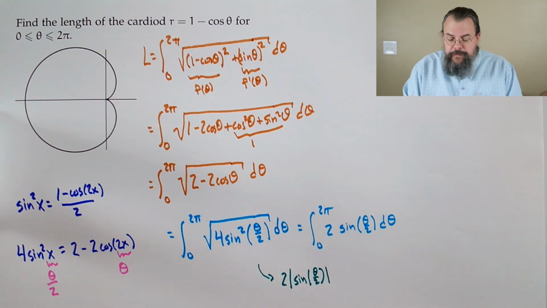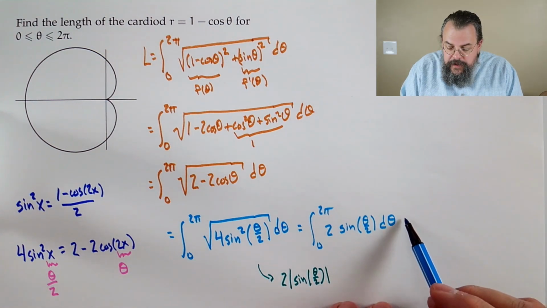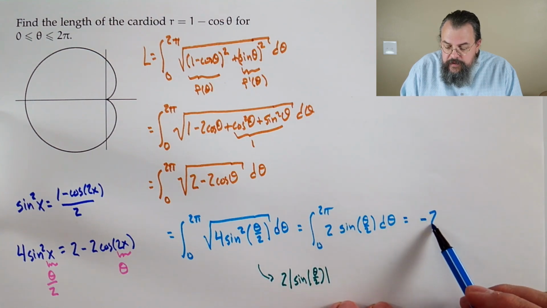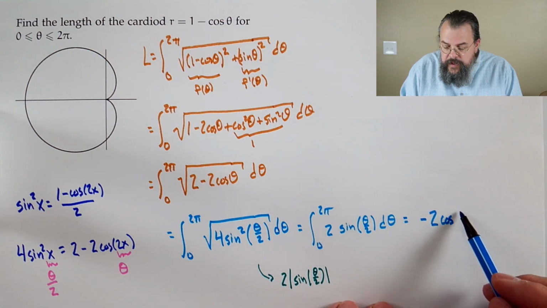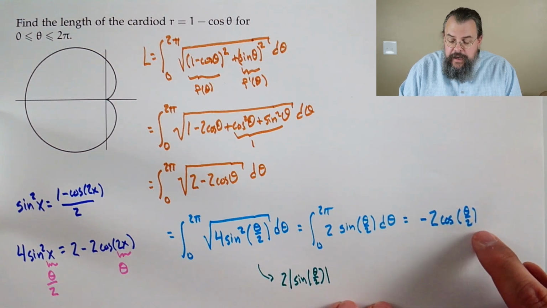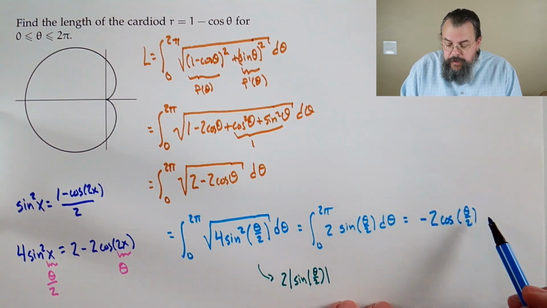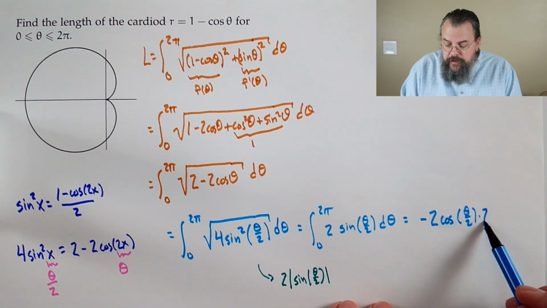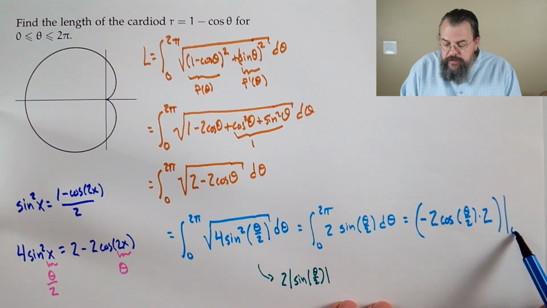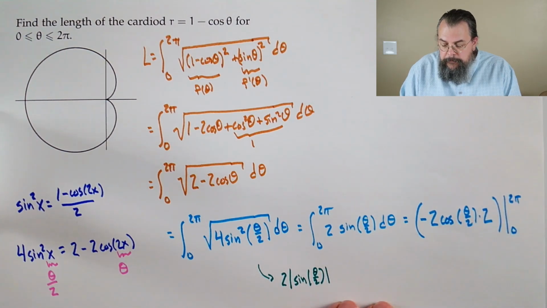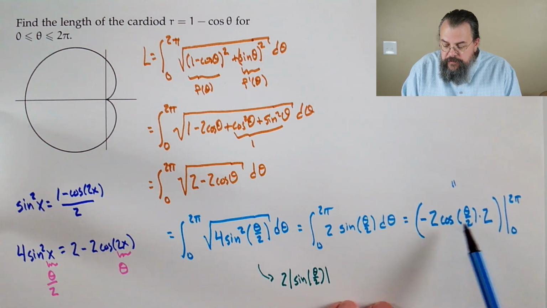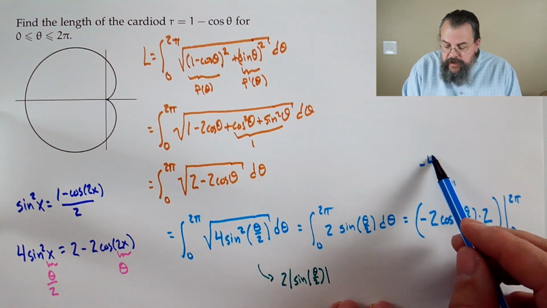So we're in the home stretch, at least with this problem. What do we have? We integrate. The integral of sine is negative cosine of theta over 2. But we have to account for that over 2, so we multiply by the reciprocal, which is 2. And we evaluate this from 0 up to 2 pi. Really, that's a minus 4 there, so we'll pull that out.